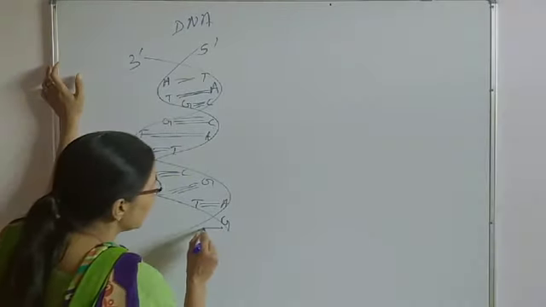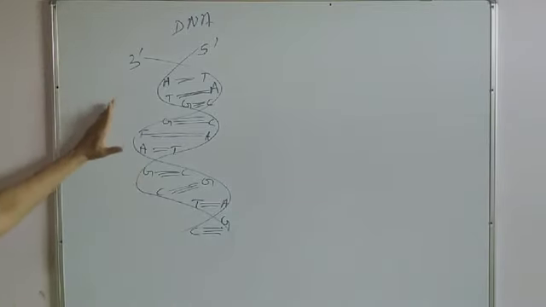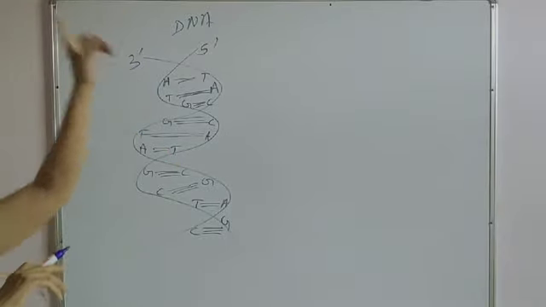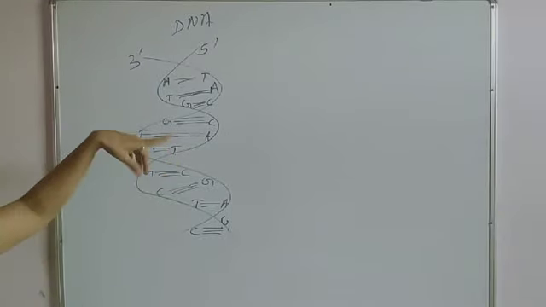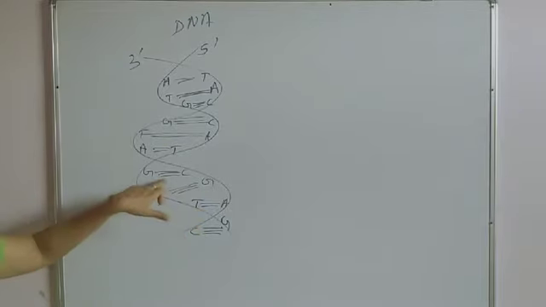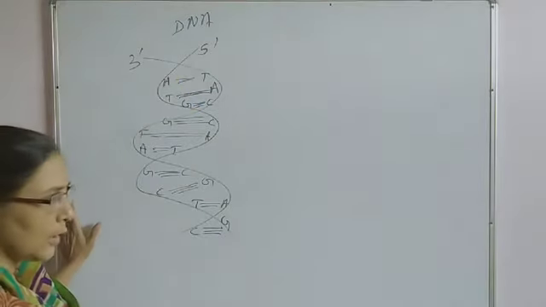So again G, then it will be triple bonded with C. This looks like a staircase, around a cylindrical double helical staircase, and these are the various stairs of it.